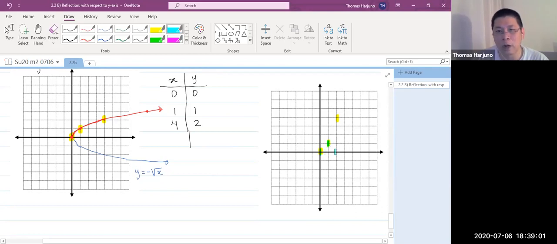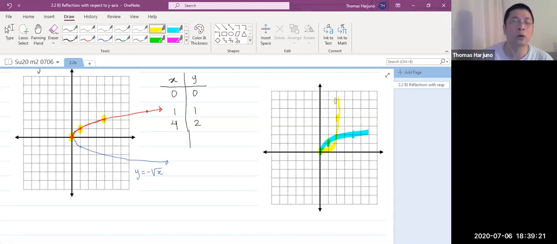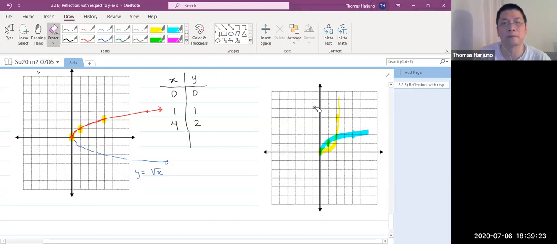Instead of right 2, up 4, we invert that to be up 2, right 4. So one of them looks like this, the other one looks like this. The yellow one is for x squared, the blue one for square root of x.